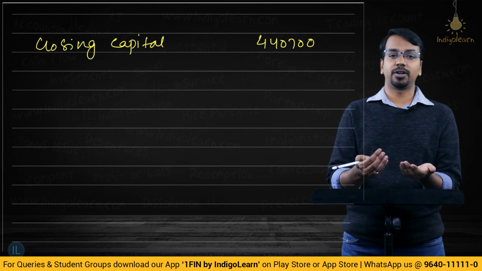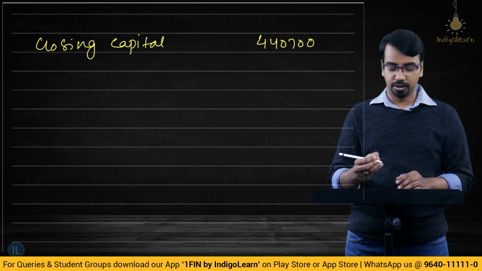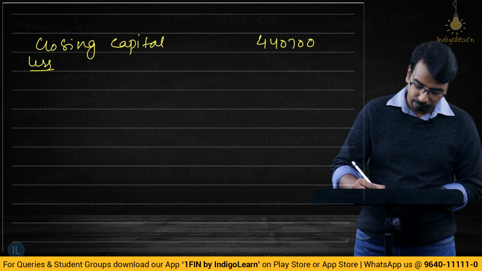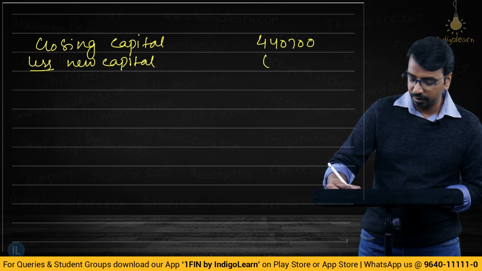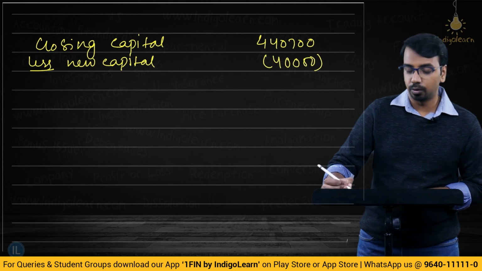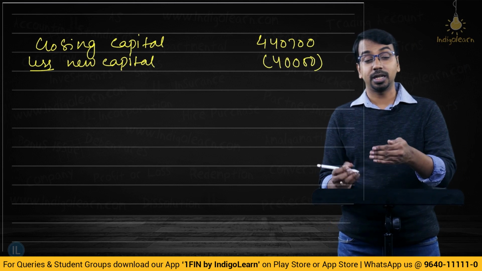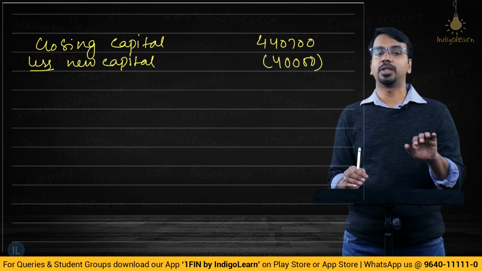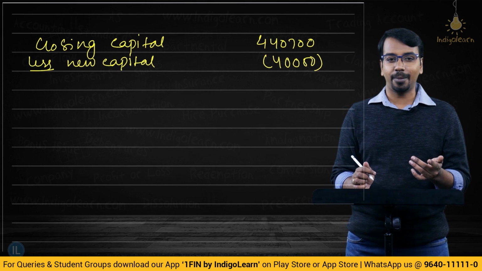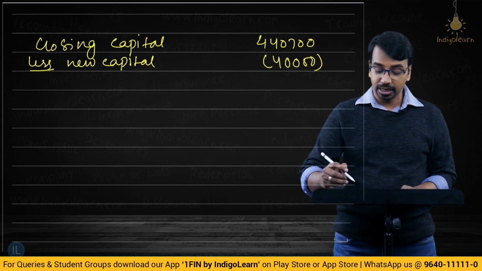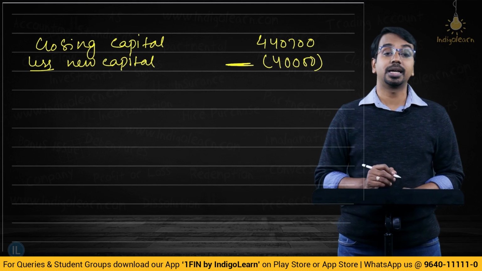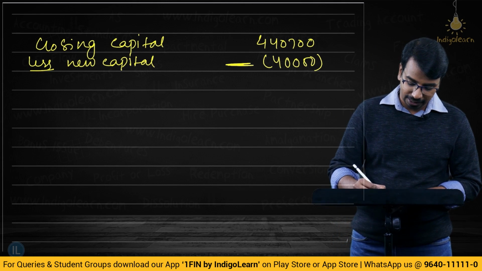So, you will remove that effect because that is not a part of profit earned. So, what you will do? You will remove new capital, which is 40,000, because that is not a part of profit, it is a fresh addition. So, you will remove that effect. When you are arriving the closing capital, you will add that. When you are doing the reverse working, you will reduce it, because this 40,000 does not represent profits earned.